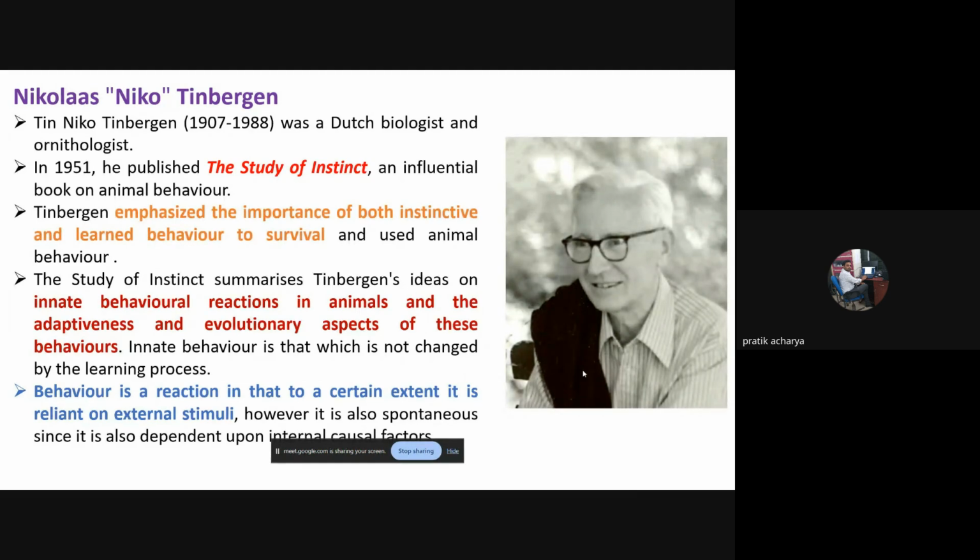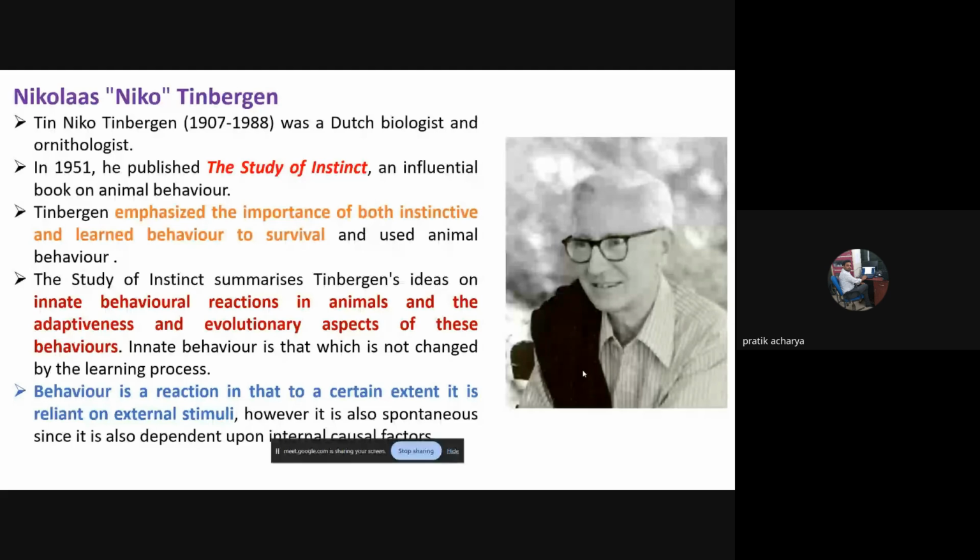That behavioral pattern was summarized by Tinbergen by doing different experiments, and at last he summarized the importance of both instinctive as well as learned behavior to the survival of the animal. His study was based on the idea of innate behavioral reaction in animals.